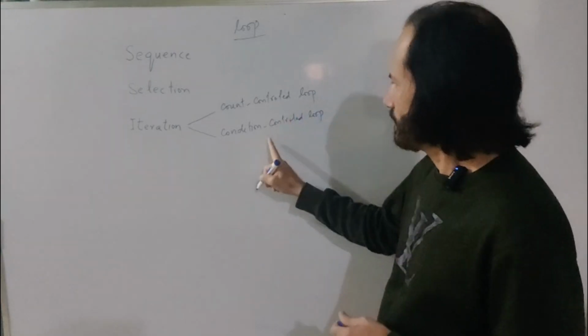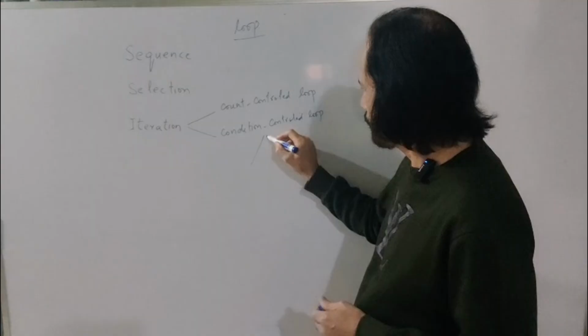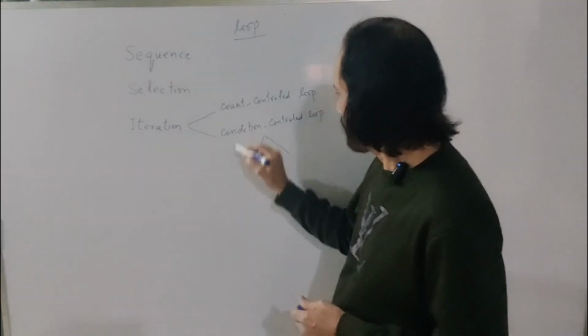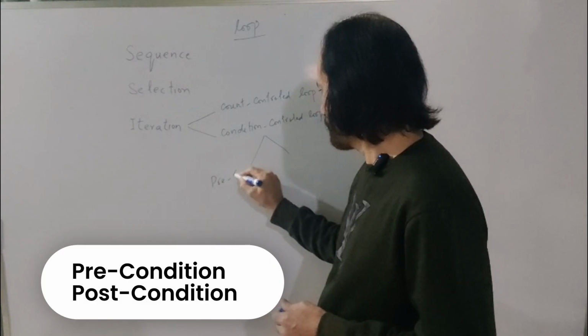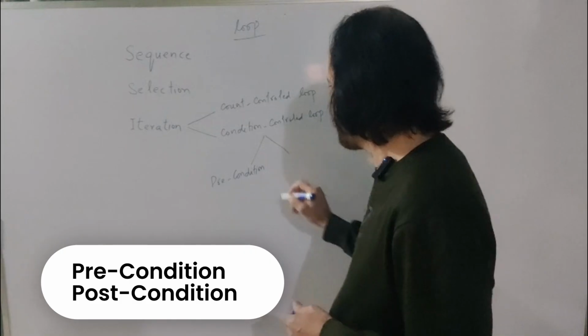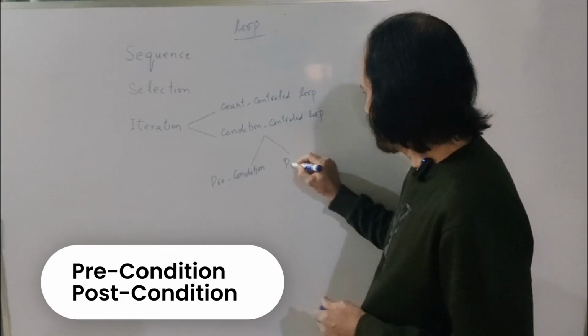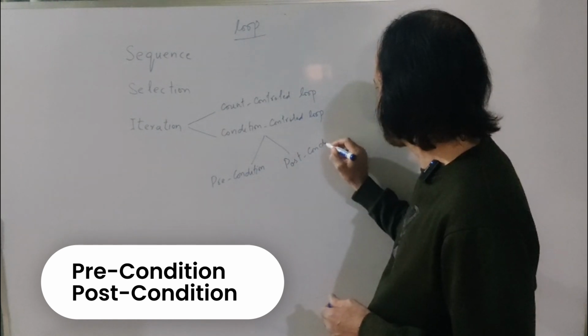This condition controlled loop will further have two subtypes: the first is pre-condition and the second is post-condition.